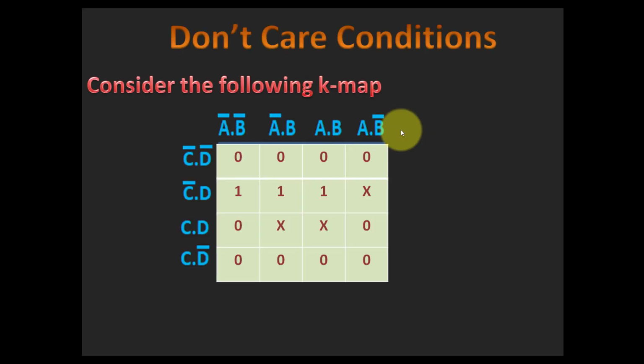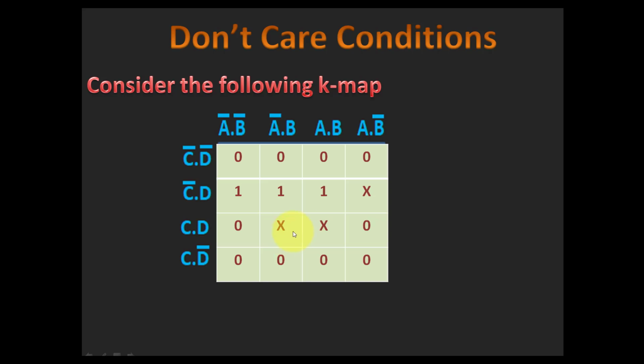Suppose this is the K map we are getting from a truth table, and in this K map there are three don't cares. If we construct the K map, we only have two pairs, but we can use this particular don't care, considering it as 1 so that we get a quad.